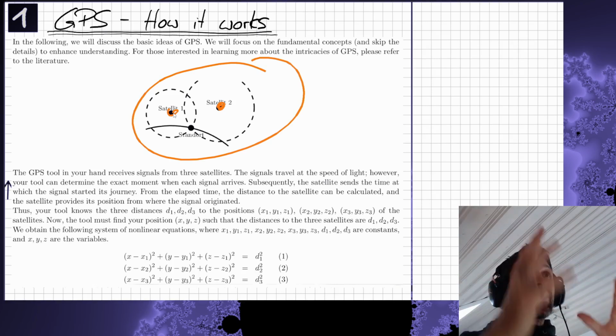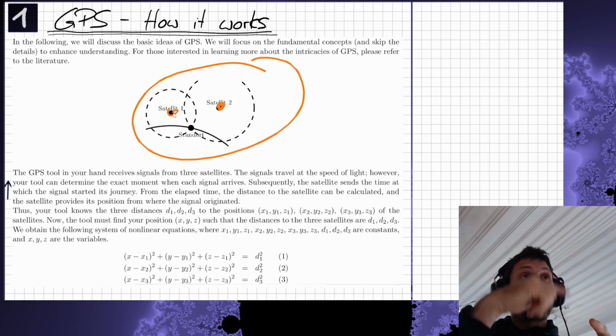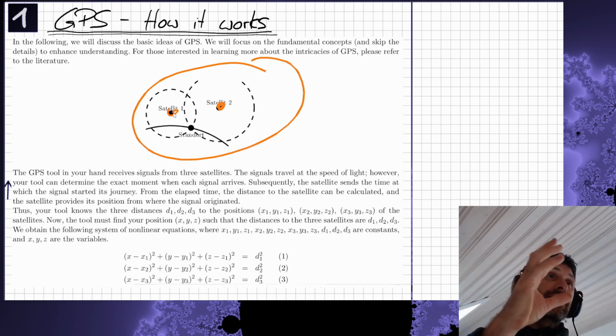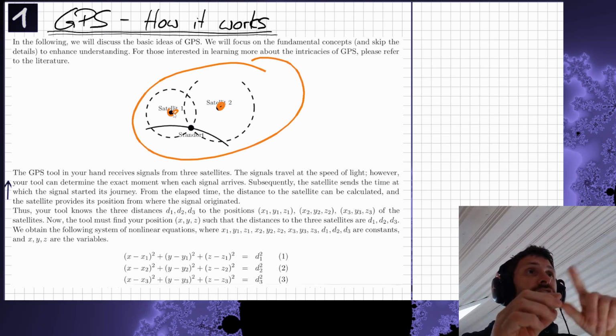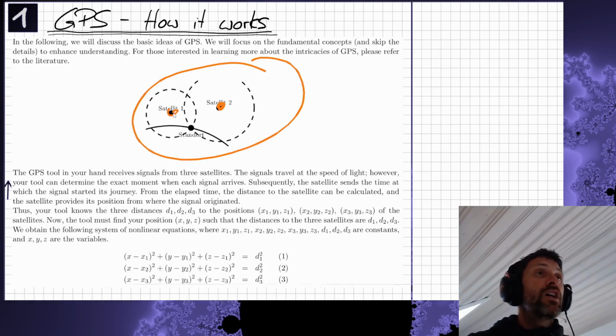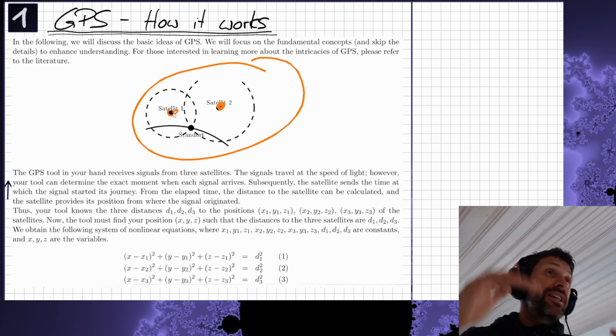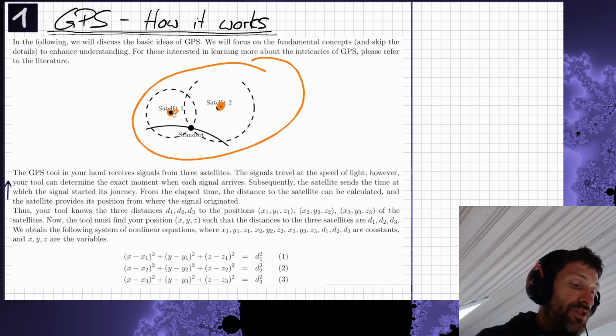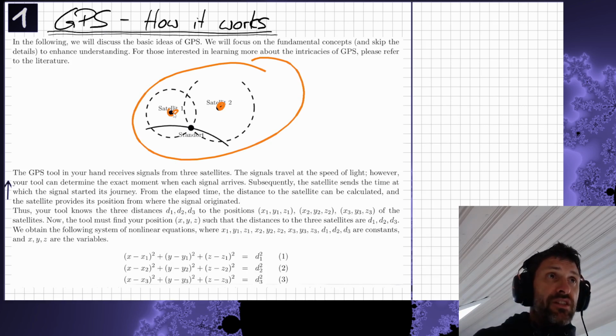And then the intersection of two spheres is a circle. So we need a third satellite, and this satellite will intersect this circle at 2 points. One of them is our position and the other one is somewhere outside in space, and this is not our position. So this is the idea.